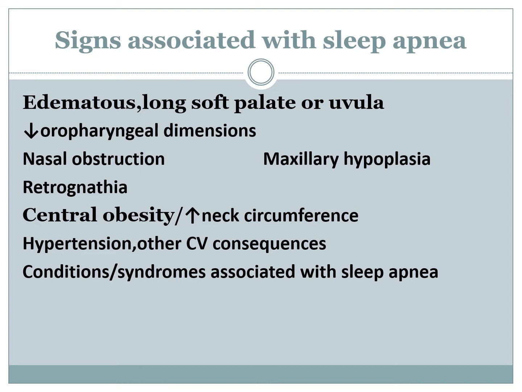In examining a patient with sleep apnea, you may notice the following: enlarged tonsils, soft palate and uvula, decreased oropharyngeal dimensions, nasal obstruction, maxillary hypoplasia, retrognathia, central obesity, increased neck circumference, cardiovascular consequences of SAS such as hypertension and others, and conditions or syndromes associated with sleep apnea.